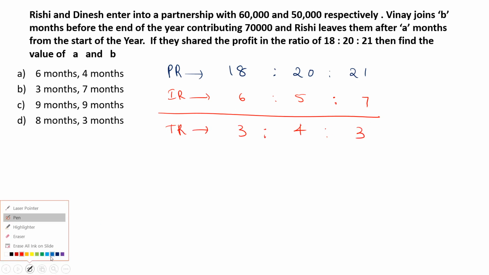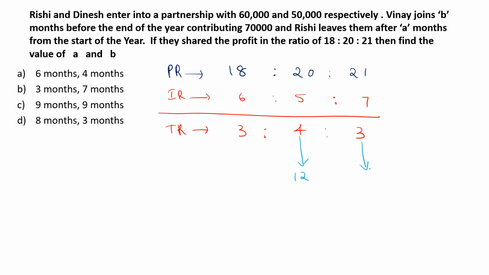Just read the question and observe one thing: Dinesh is in the business for the entire time. That means the time of Dinesh, 4, represents 12 months. When 4 represents 12 months, 3 represents 9 months.